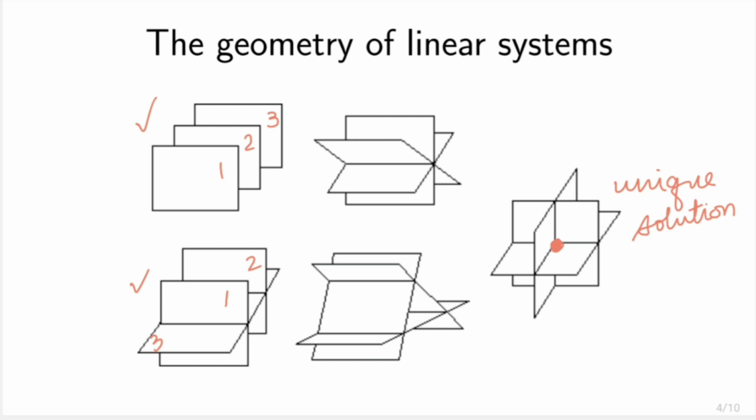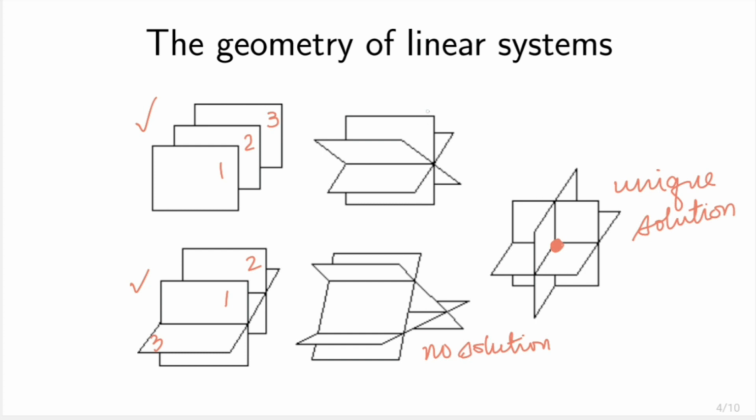And then you have this scenario where there's no solution also, because the planes are just cutting each other, and you do not have the three of them coinciding. So the first one intersects the second one in a line, but then the third one also intersects the first two in two places. So no solution.